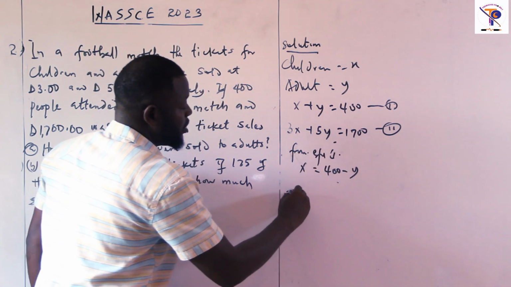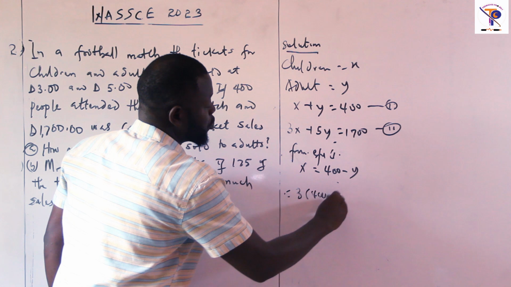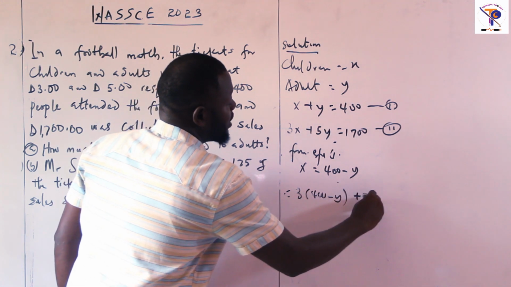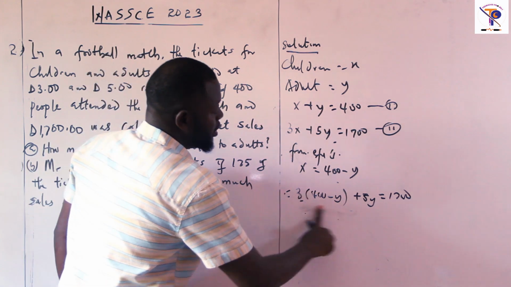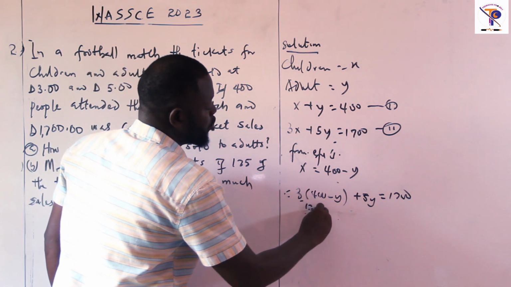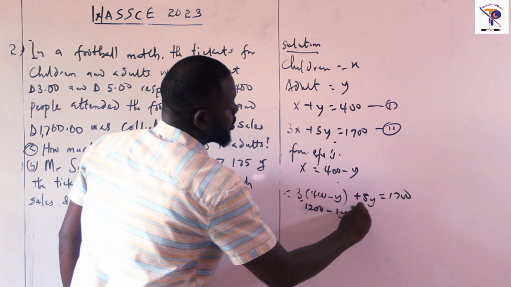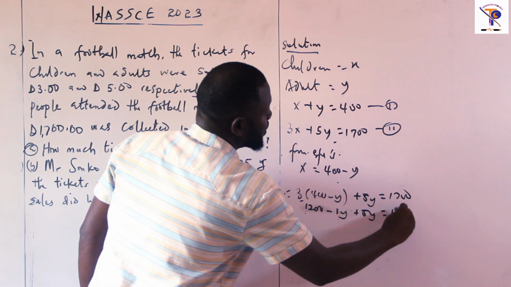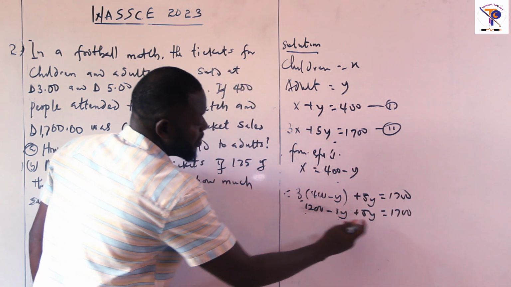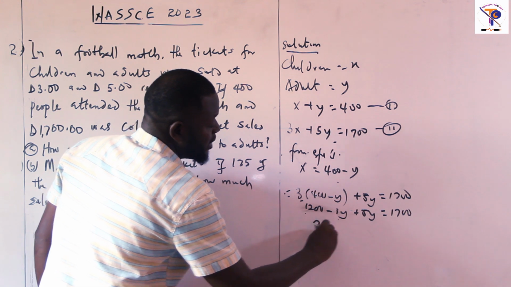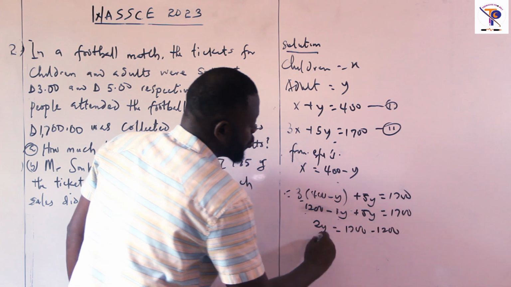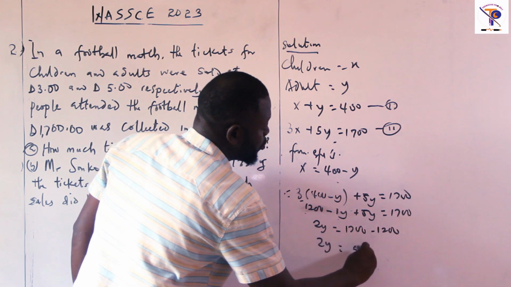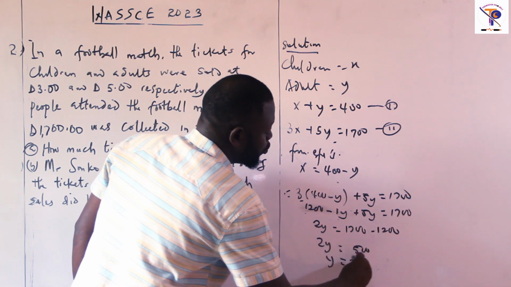Therefore, I will have 3 of 400 minus y plus 5y is equal to 1700. This will be 1,200 minus 3y plus 5y is equal to 1700. So this one will give me 2y is equal to 1700 minus 1200. So I'll have 2y is equal to 500. So my y is equal to 250.